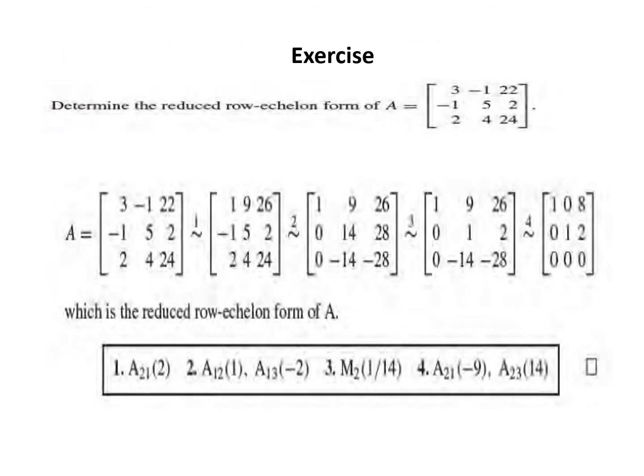Next example. Determine the reduced echelon form of matrix A. Here you see matrix A is 3, minus 1, 22, minus 1, 5, 2, 2, 4, 24. So again we start from the beginning matrix.